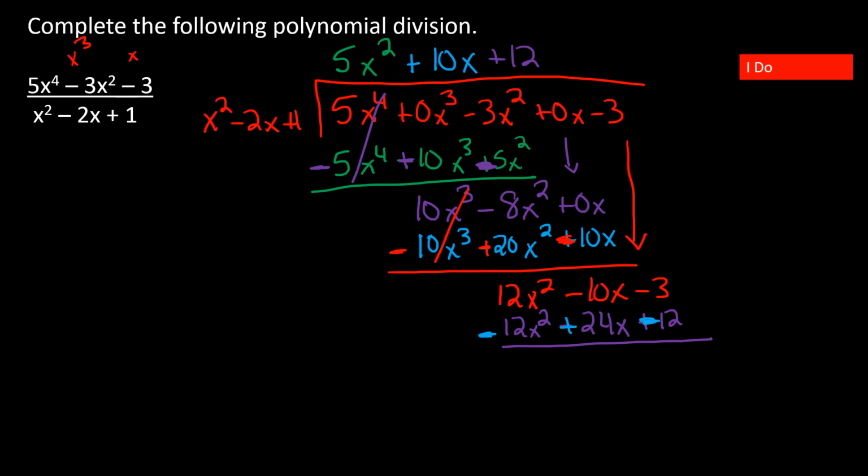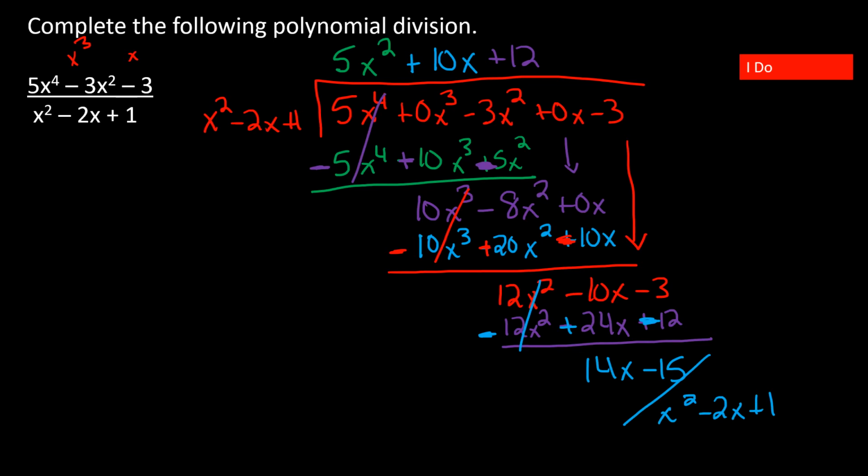So 12x squared minus 12x squared simplifies out. Negative 10x plus 24x would be a positive 14x. And then negative 3 minus 12 would be a negative 15. And so this is our remainder. You'll recall when we take a remainder, we then just have to set that up being divided by our divisor, which is that x squared minus 2x plus 1.